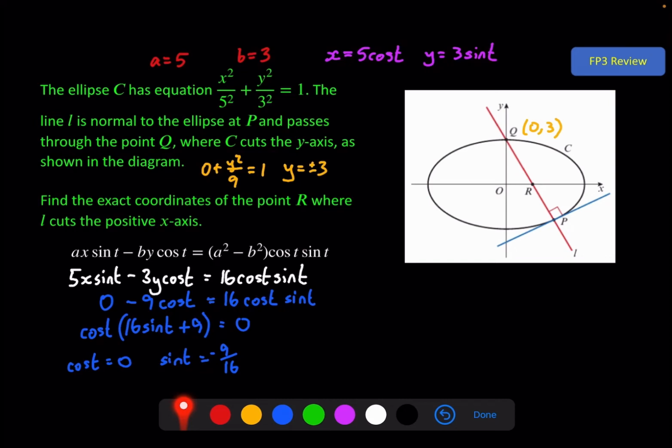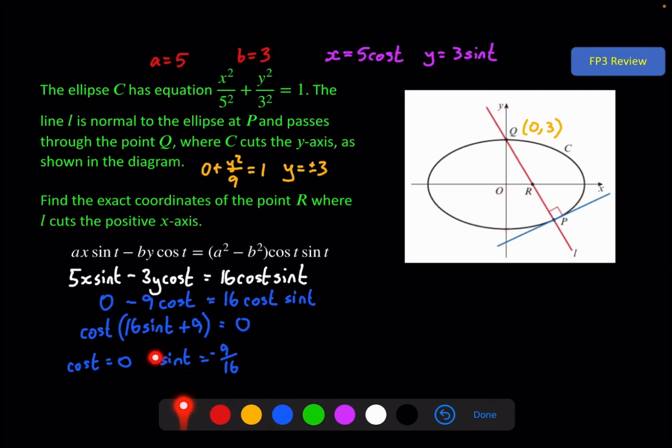But we need to be careful to know which one is appropriate for the line that we've got on the diagram. Because here cosine t equals 0, that would give us this line. And if you notice, that is still normal to the ellipse, and it still goes through Q. That's why this is one of the solutions, but it's obviously not the line that we want, because we know our line comes out and crosses the positive x-axis, and this line does not.